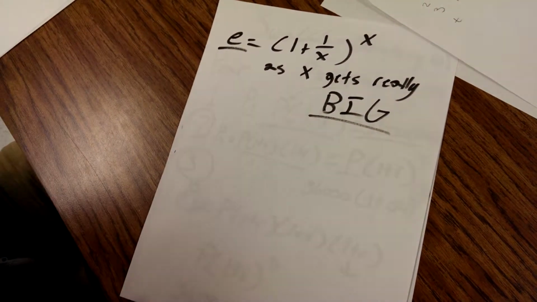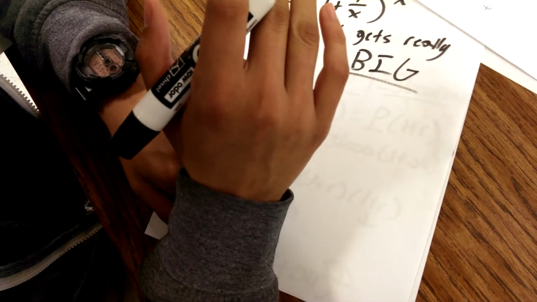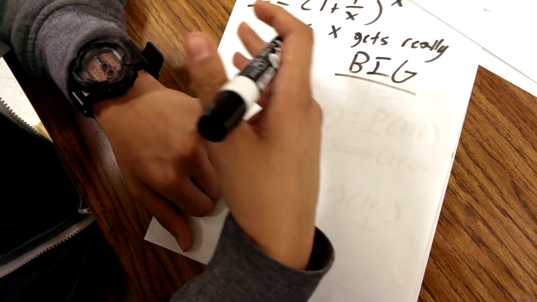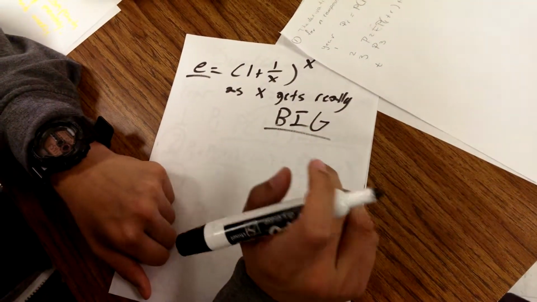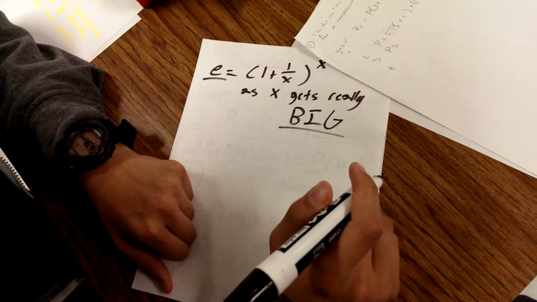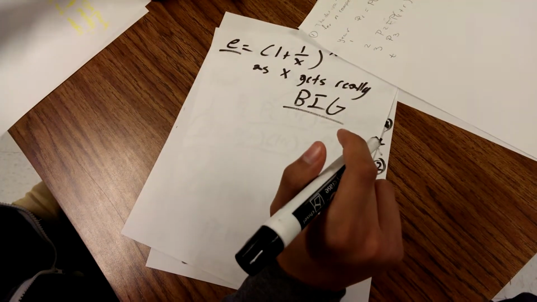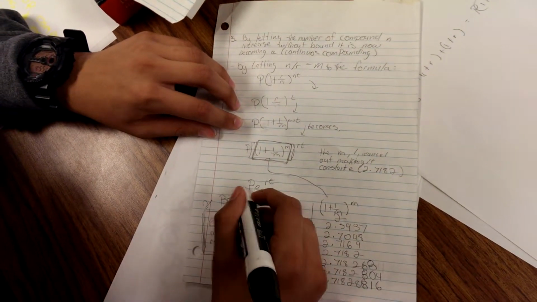Now, e is taken into a whole different type of formula, if you're trying to compound over and over and over again, and not by a certain amount. Let me explain here. This is the compound interest formula.